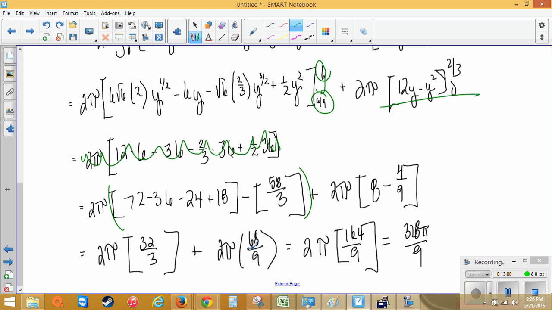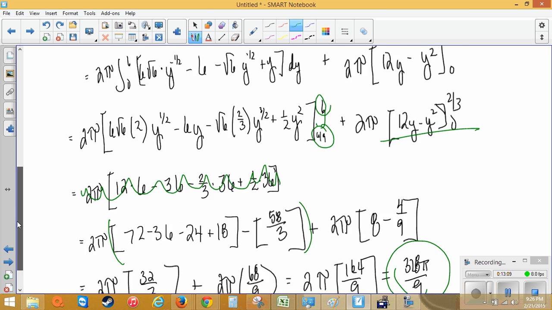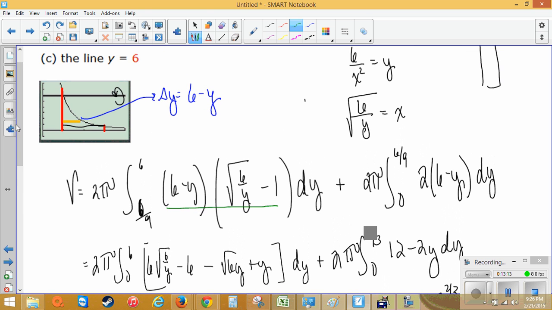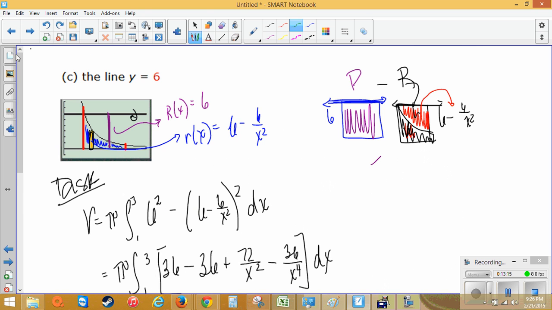Add these two fractions. I kind of factored out that 2 pi, right? I got a 164 over 9 times 2 pi, and there you go. Same thing. Just a lot more arithmetic. So, much easier this way, as long as you're okay with this piece over that way.